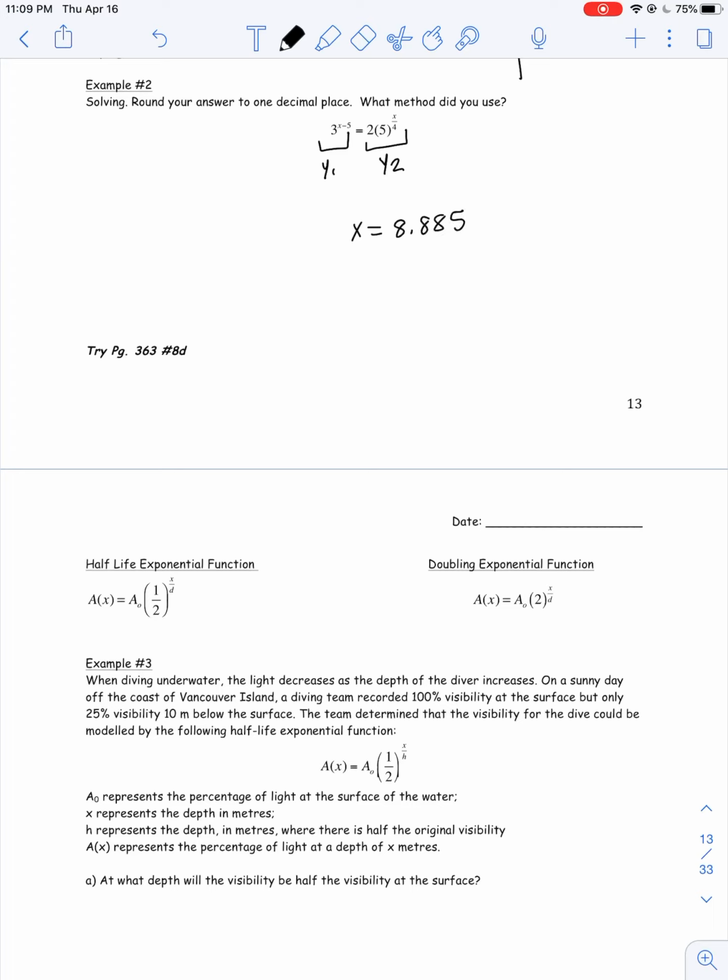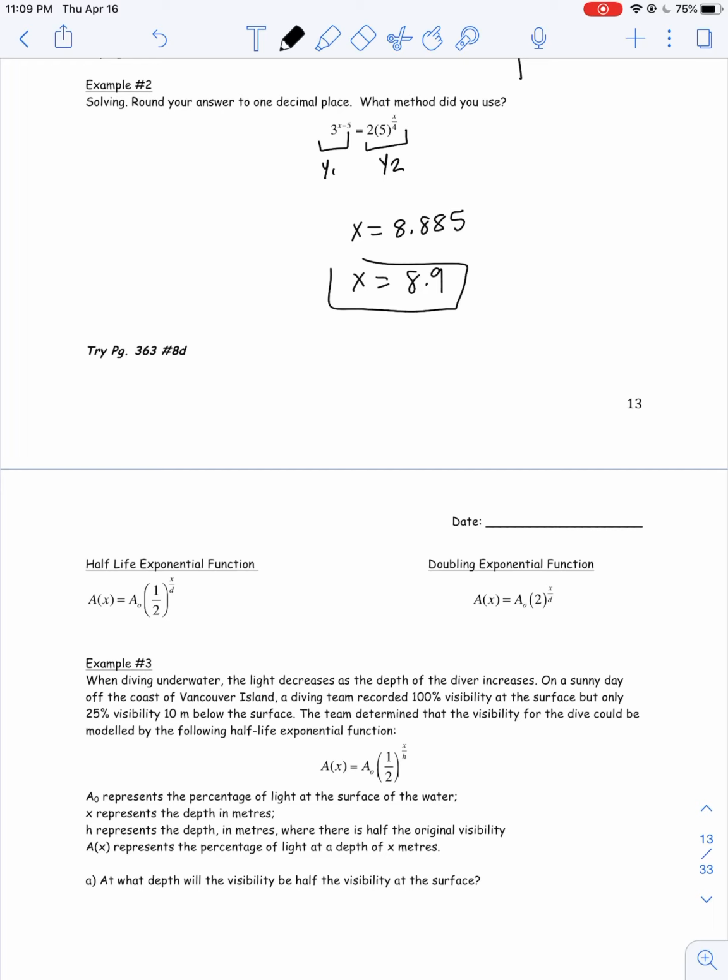They want you to round the answer to 1 decimal place, so you'll say x equals 8.9. So what method did we use? We actually had to do the graphical method because we couldn't solve this using the common base method, right?